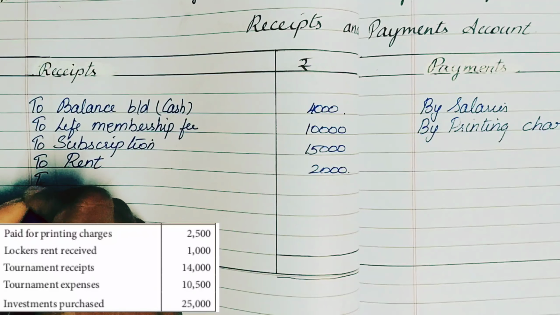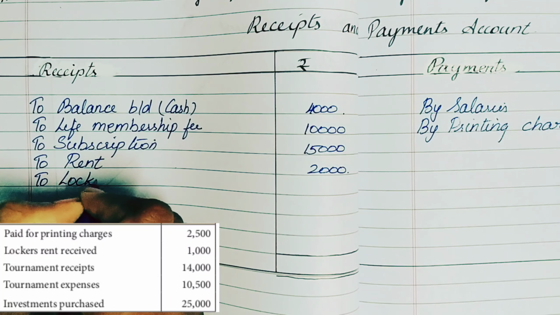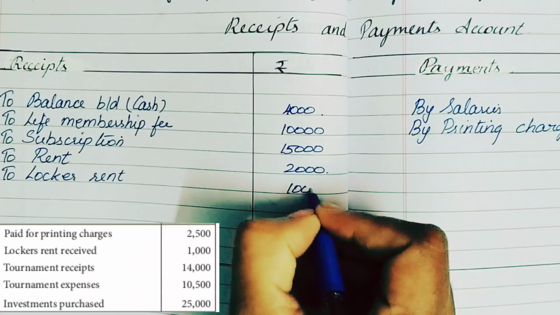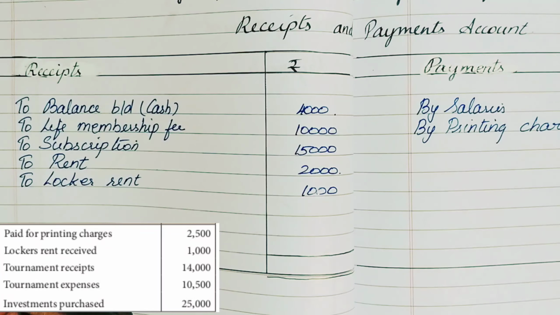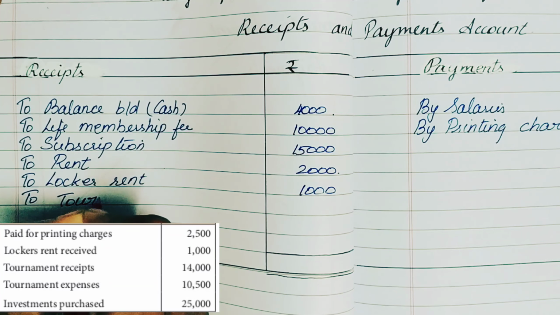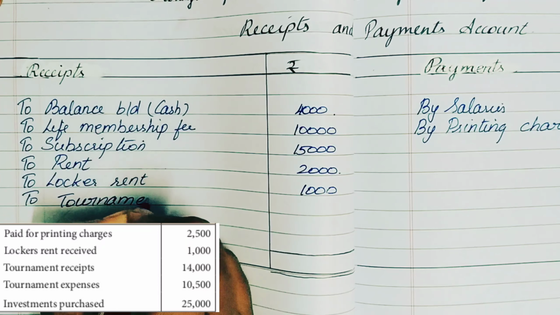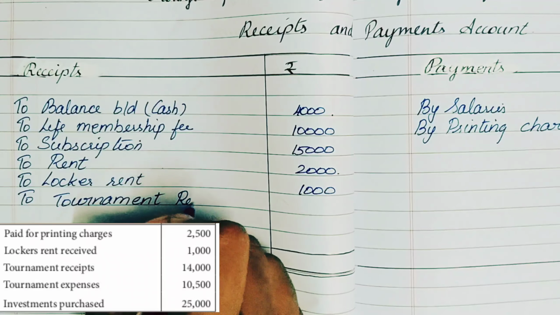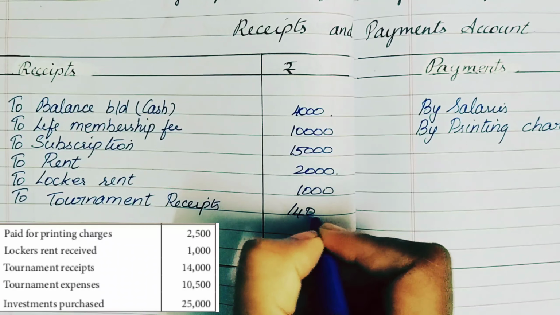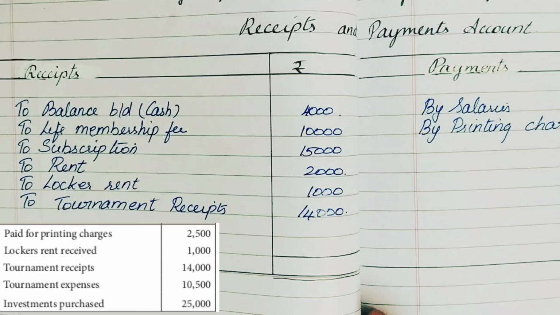That's a receipt, so go to the receipt side, to locker rent, 1,000. Next is tournament receipt, again on the receipt side, to tournament receipts, that is 14,000.